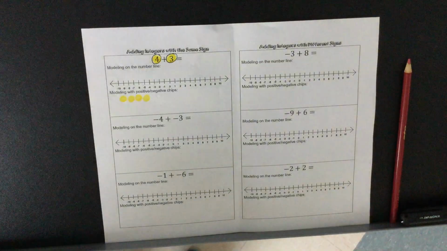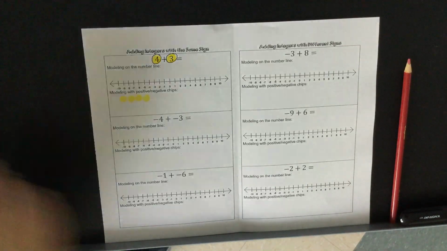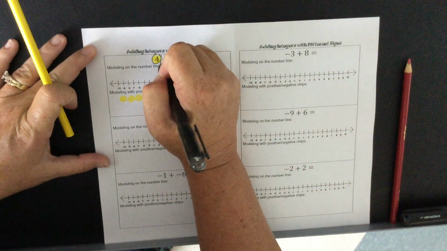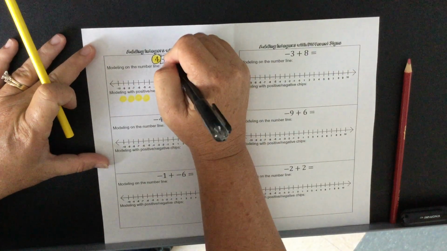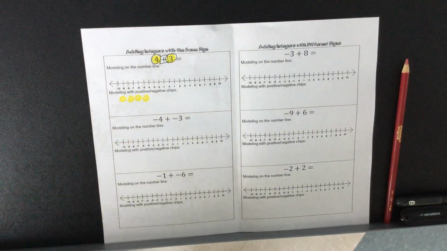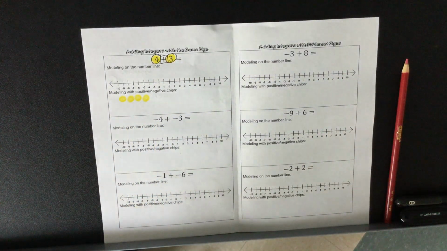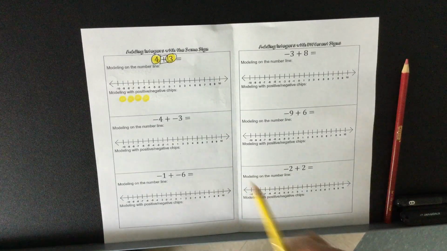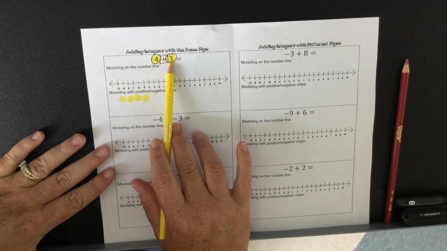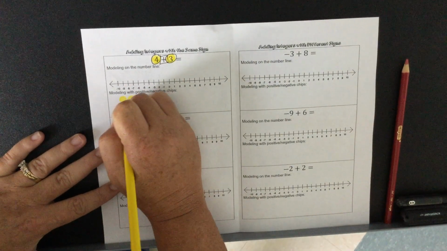Now, to that 4 positives, what am I going to be doing? I'm going to be adding. So the very next row underneath it, I'm going to add whatever my second integer is. So I'm adding what? 3 what? 3 positives.